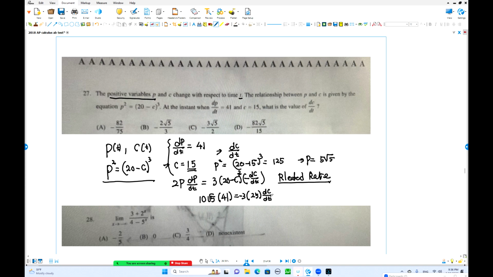Now we need to find dC/dt. So dC/dt equals, you can divide by negative 75 on both sides, 10 root 5 times 41 over negative 75.